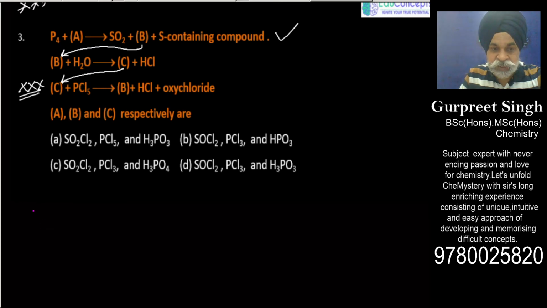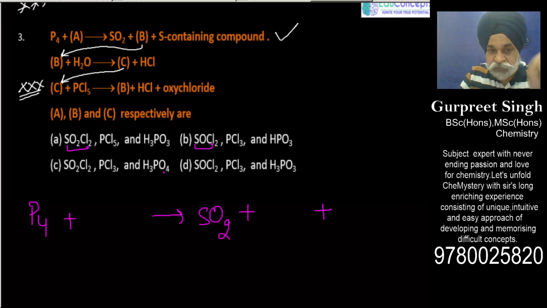So what we are going to do is treat P4 in such a way that it can produce SO2 along with this B, a sulfur containing compound. The options given are sulfuryl chloride and thionyl chloride, so all of the options have these two compounds, and you have to figure out which one we should take.